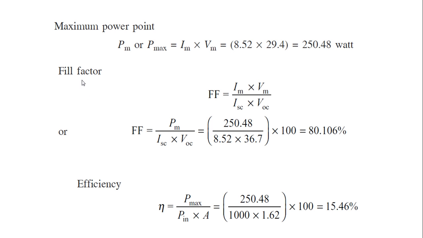Now the fill factor is the highest rectangle that could be fitted in the IV curve of the PV module. Mathematically, it is the ratio of the product of the current and voltage at MPP, that is the power at MPP, to the product of ISC and VOC. Over here we are considering STC.